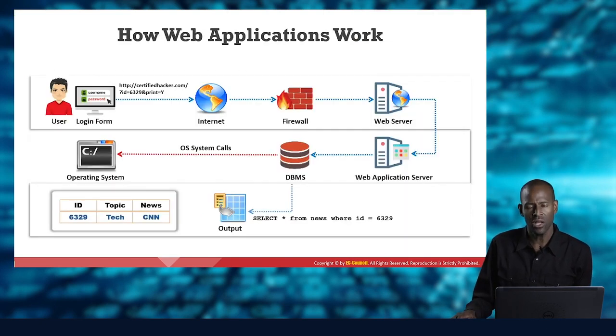This is just a look at how web applications work. Now, for a website or a web app, it's usually implemented on what we call an N-tier architecture, which we'll look at in just a moment. But let's just look and see what happens when this user goes to a website.